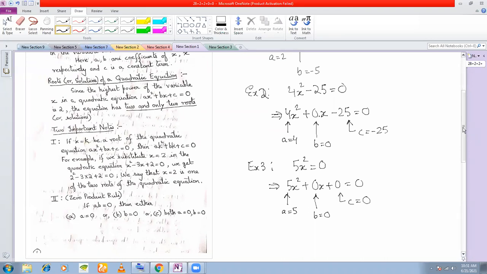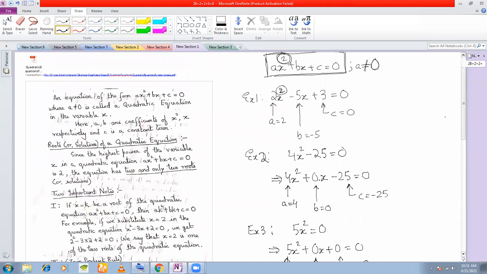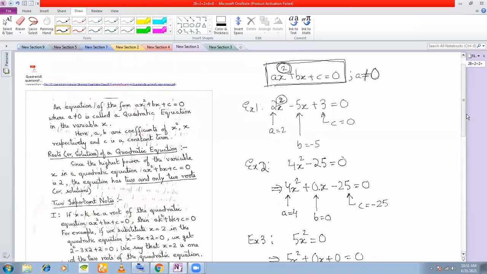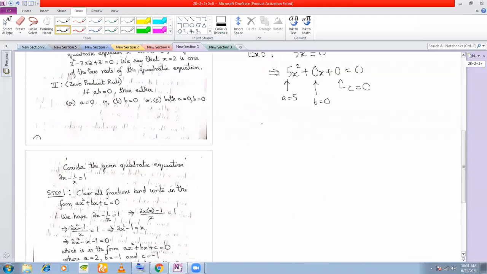Right, now the question is, what is the solution of a quadratic equation? In case of a linear equation, let us consider a linear equation. Let us say 2x plus 1 is equal to 3. This is a linear equation. If you solve this equation, you will get x is equal to 1.